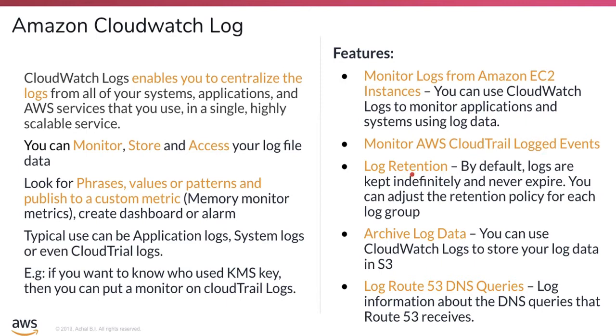You can set a log retention period for different time frames. The default is never expire, and we can archive the logs in S3. Most importantly, we can capture the Route 53 DNS queries into the logs, so we can watch what requests were coming into the application.